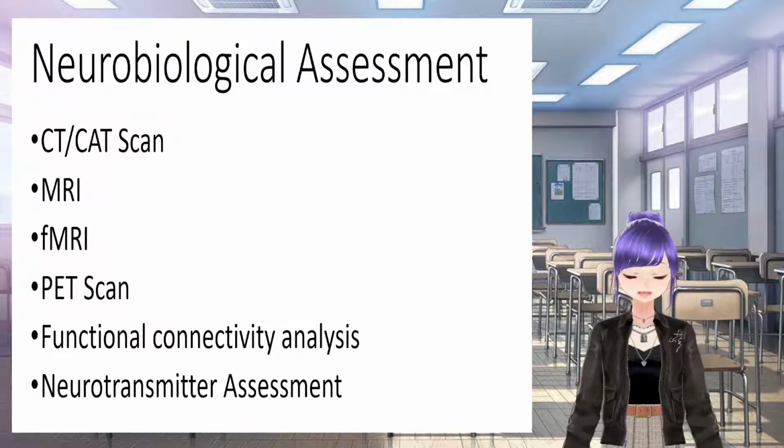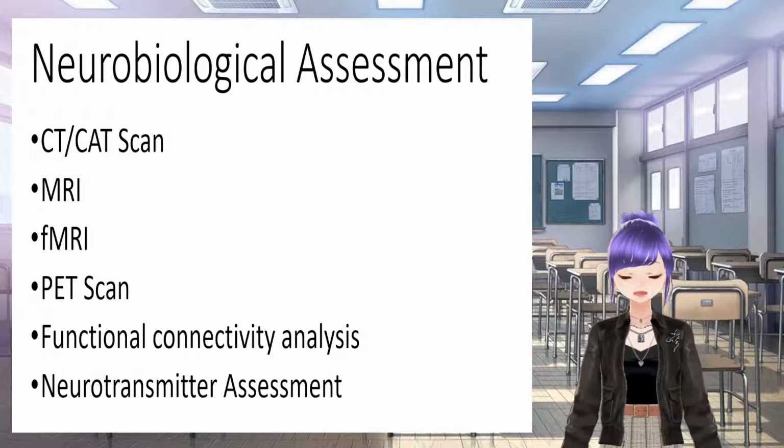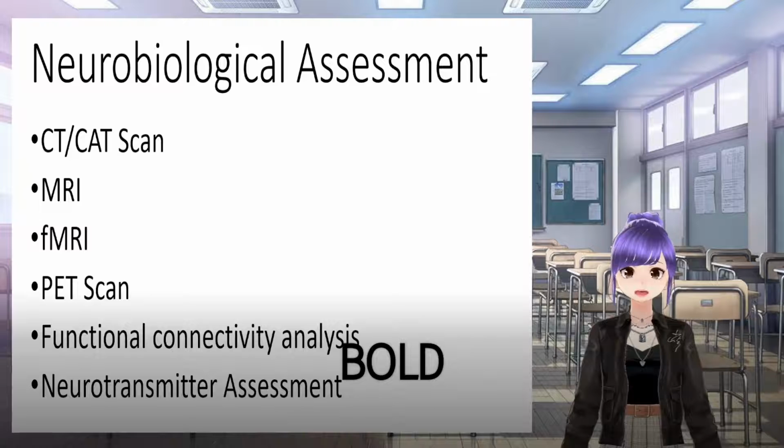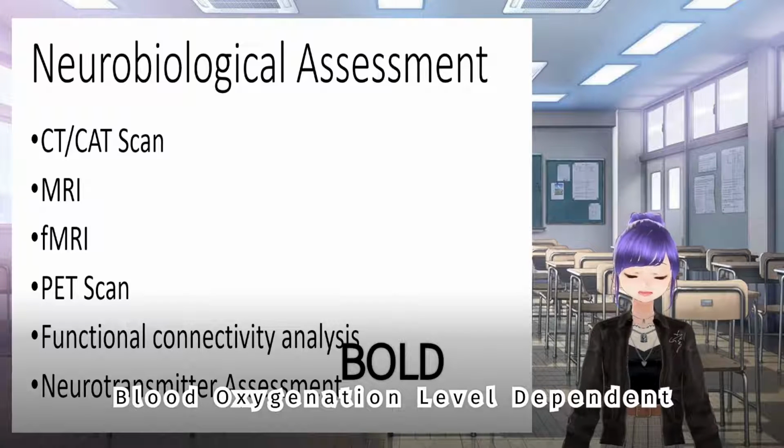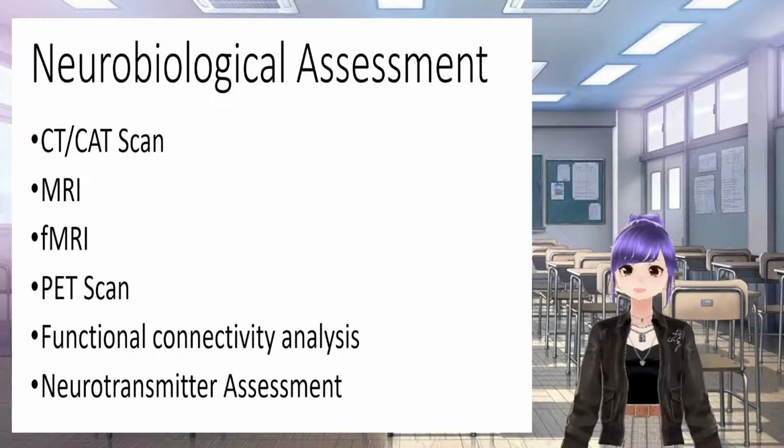It allows quick pictures to assess metabolic activity and measures blood flow in the brain, or the BOLD signal. BOLD means blood oxygenation level dependent, as neurons fire and blood flow increases.